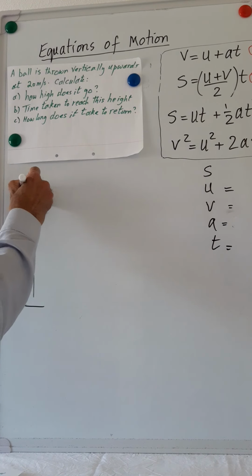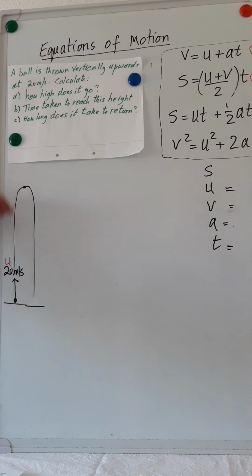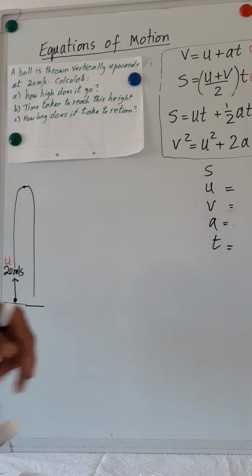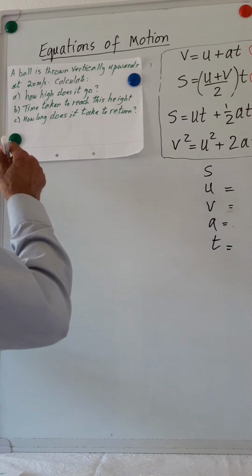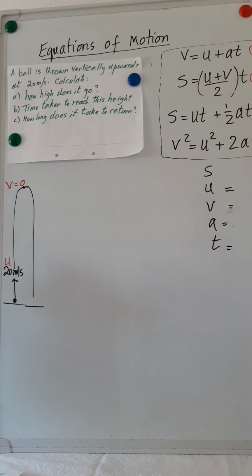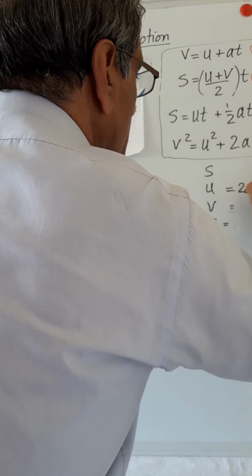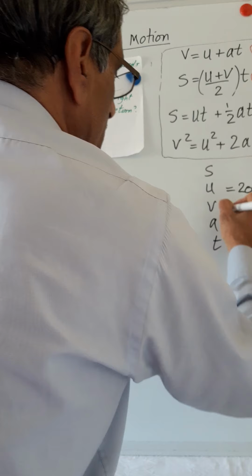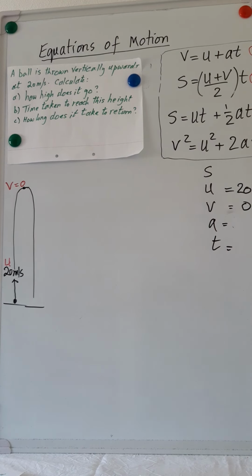Now, when it reaches there, what is the velocity at the top? Because it must stop there and then come down. So its final velocity, v, is equal to 0. The initial velocity that we've given it is 20 meters per second. Its final velocity is 0. And what about the acceleration?